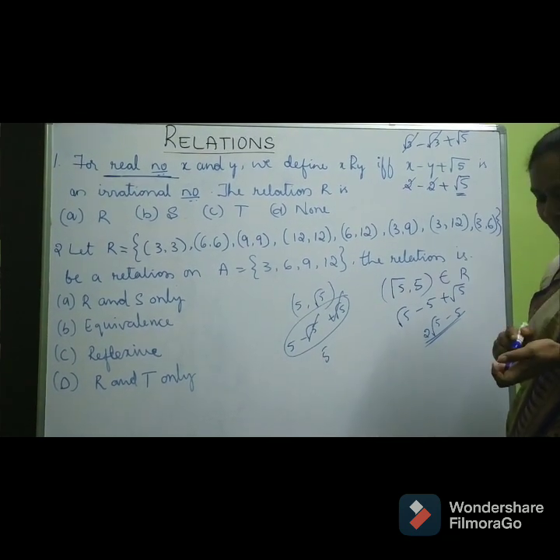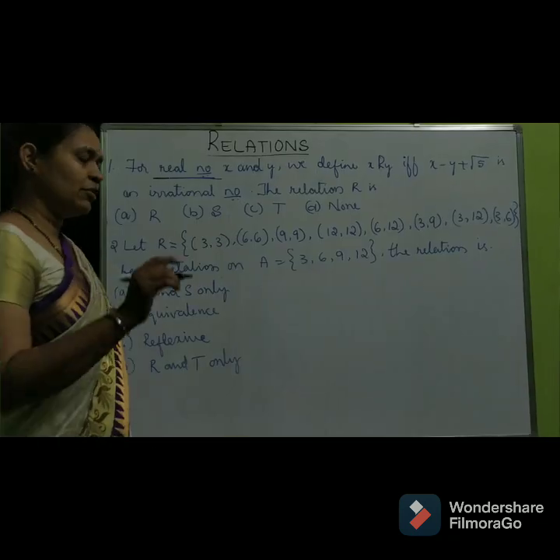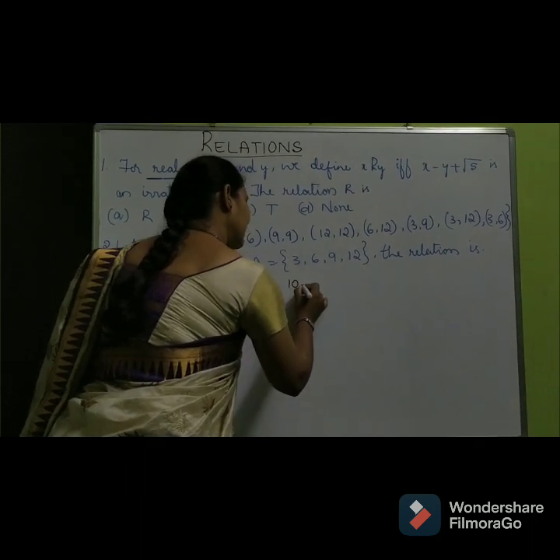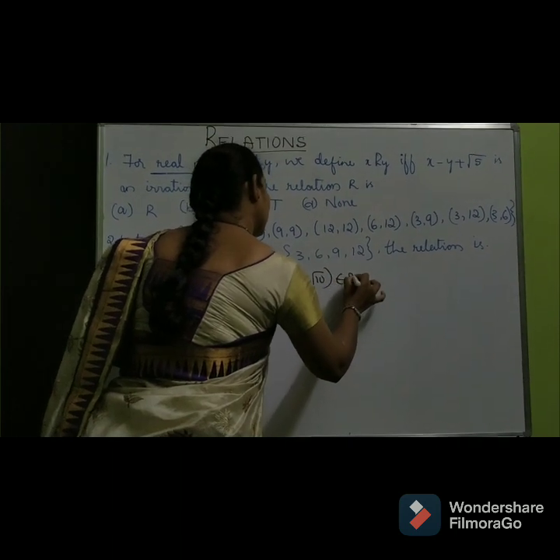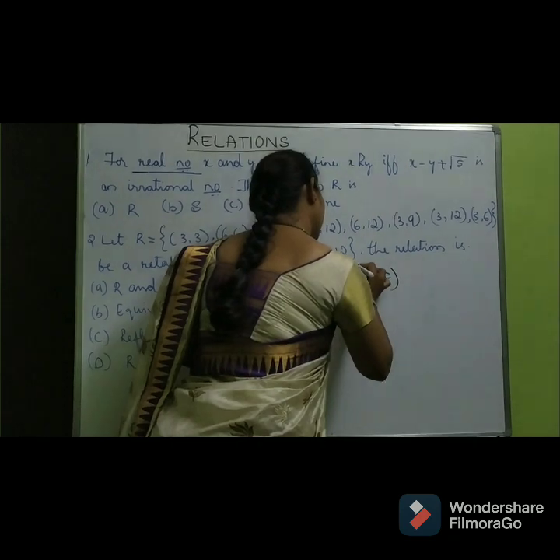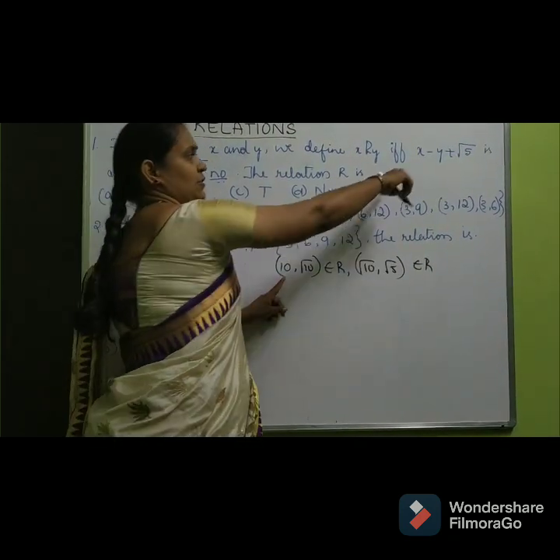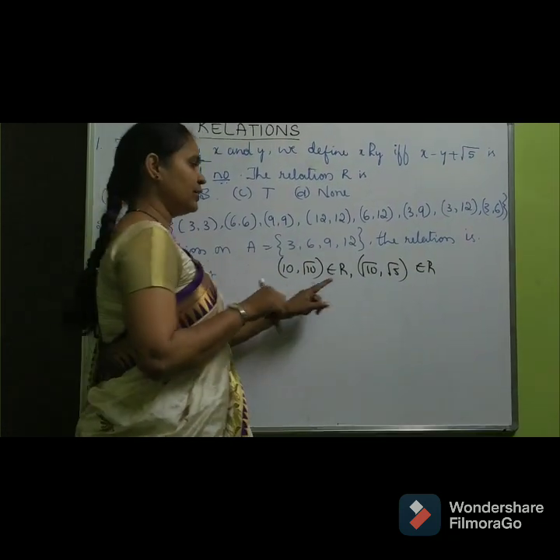Again, to check transitive, I would like to take this example. Let me take (10, root 10) belongs to R and (root 10, root 5) belongs to R. If you substitute, 10 minus root 10 plus root 5 is an irrational number.